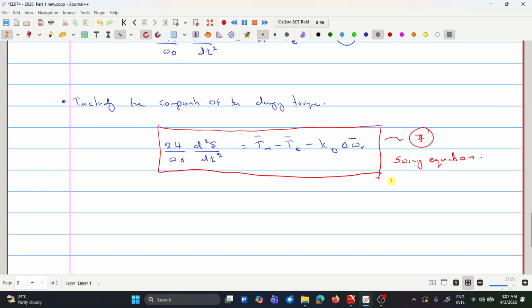So this basically represents the swing in rotor angle delta during a disturbance.